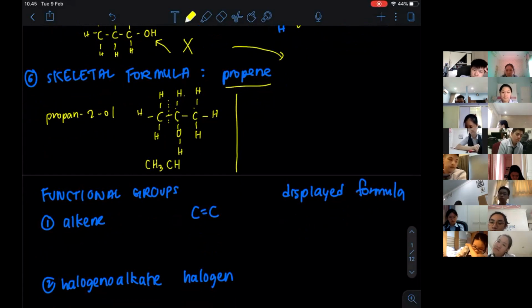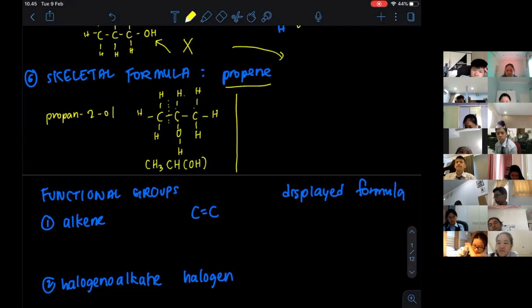Bonded with H. How to show it is bonded to OH? Because it's a group, put a bracket. That OH is going to be bonded to that carbon, and that bracket tells me that it is bonded to this carbon. And then you have CH3. This is how you write structural formula.